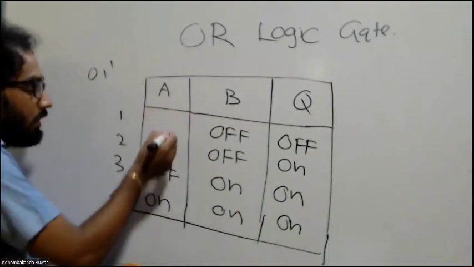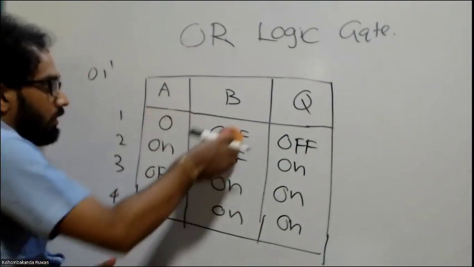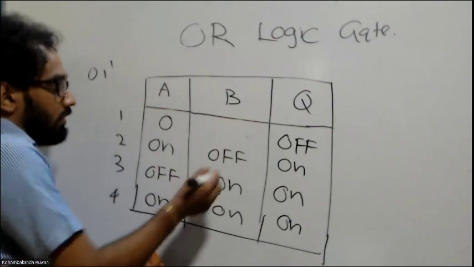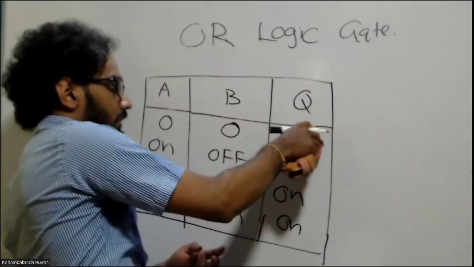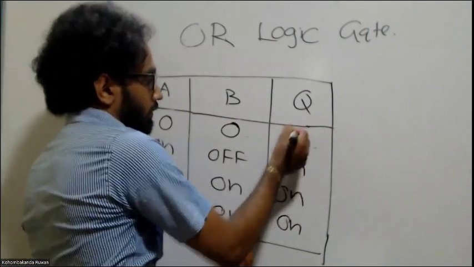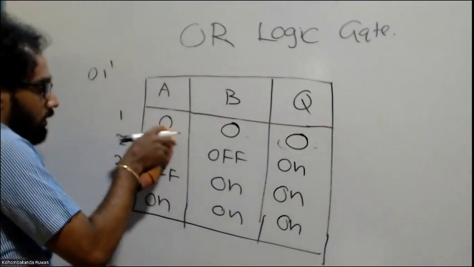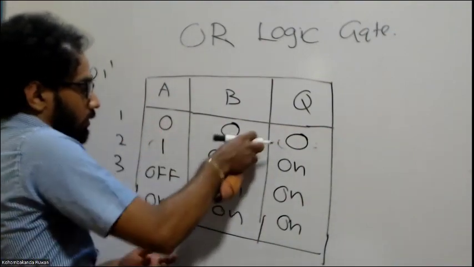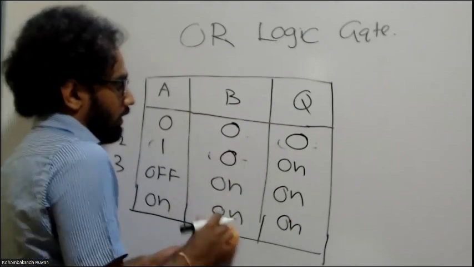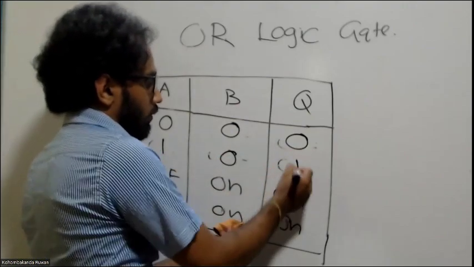Here 0, 0, 0. Second one, OR means 1, OR means 0, OR means 1.